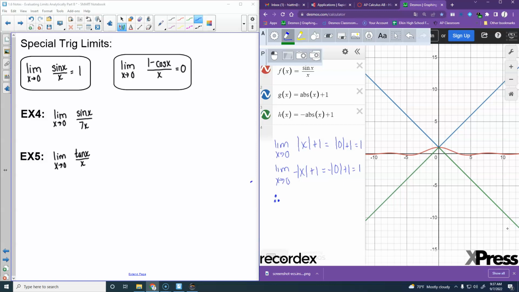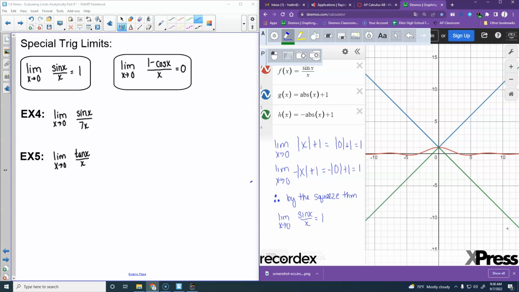It's shorter to write. So therefore, by the squeeze theorem, we could say the limit as x approaches 0 of f of x, which is sine x over x, must also equal 1.